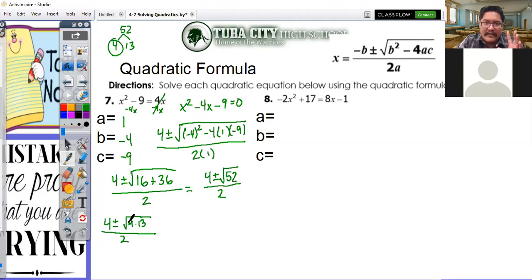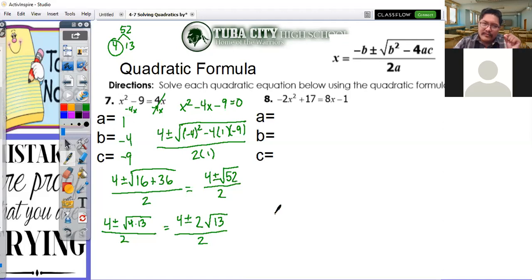Since 4 is a square number, I can take that out. 4 plus and minus 2 root, and 13 stays in there because 13 is not a square number, and it actually has no other factors besides 1 times 13 that we can take out. So in this case here, there's not much else we can do. We would get an irrational number, you know, one of those numbers that repeats on and on in the decimals.